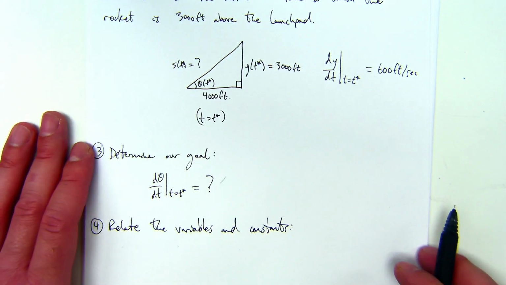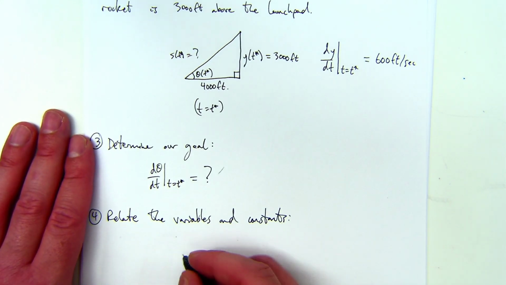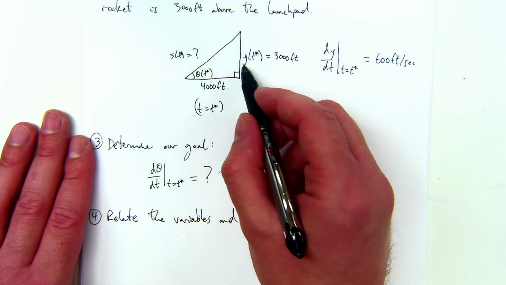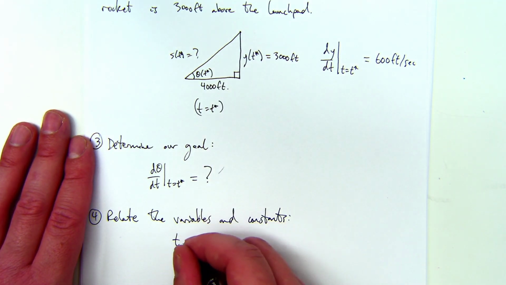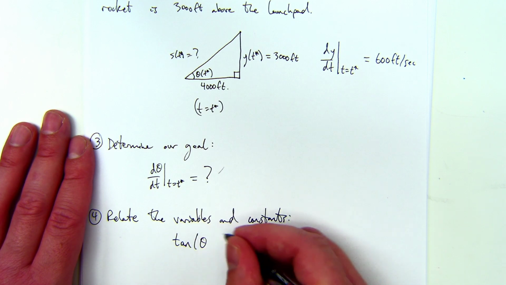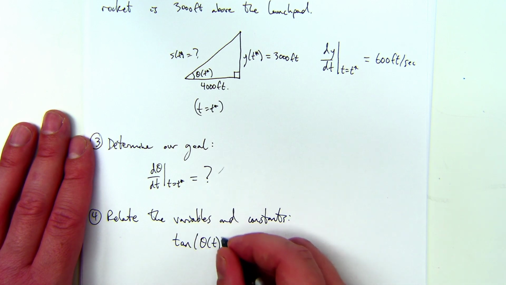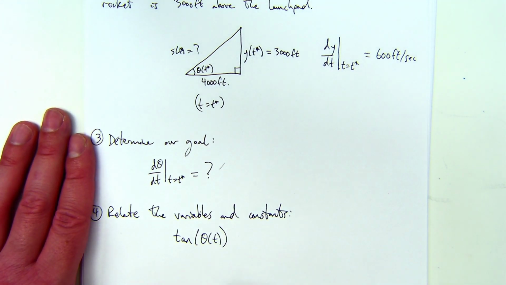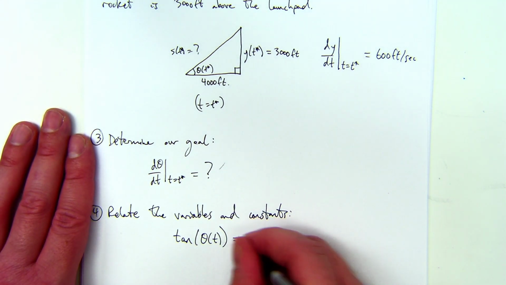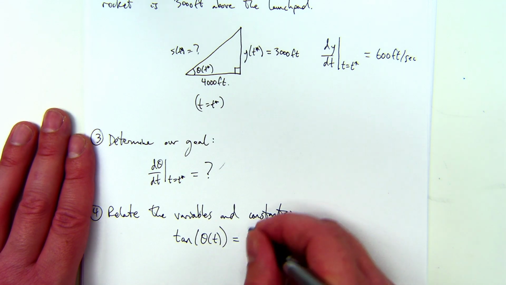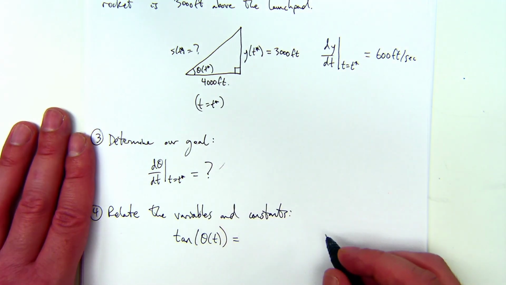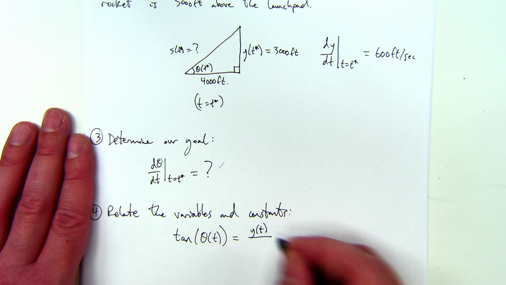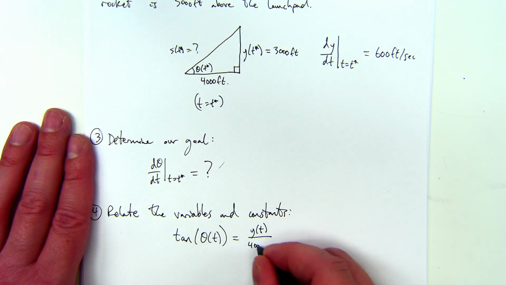So let us think about this as perhaps, I particularly like tangent here, so maybe we consider tangent of theta of t. And we're going to relate not just at t star, but at all particular times t. So tangent of theta of t, thinking as a function of time, is equal to, opposite over adjacent, y of t divided by 4,000 feet.